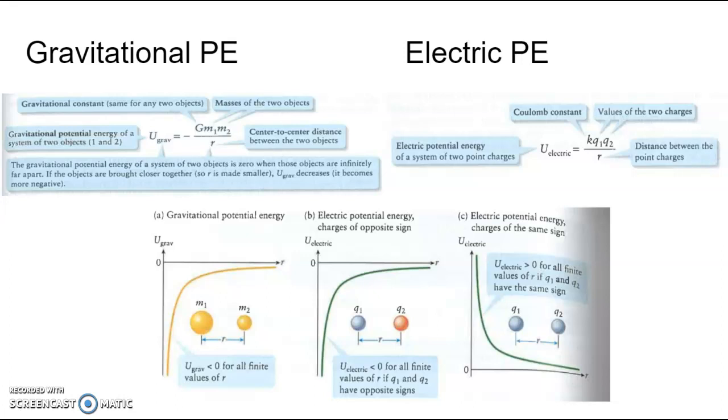If we had two charges that were either both positive or both negative, so same attribute, I guess we'll call it, then our potential energy is going to be positive, meaning we're not dealing with an attractive force here. All right, so that's where we do have a difference compared to gravitational potential energy.